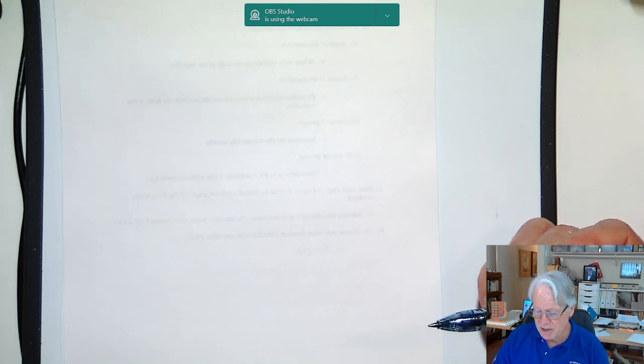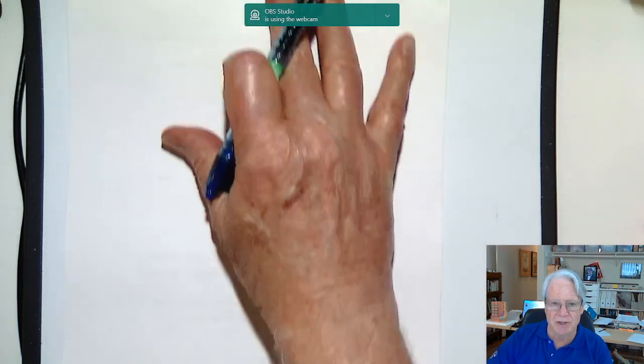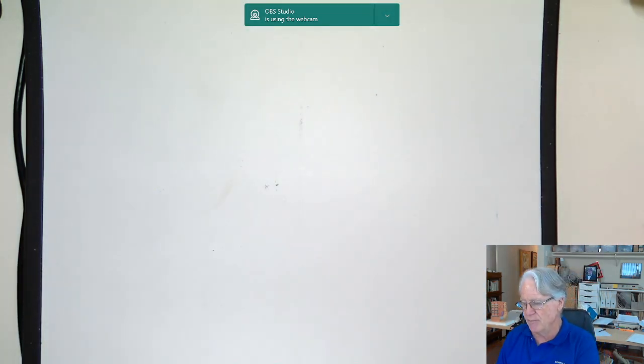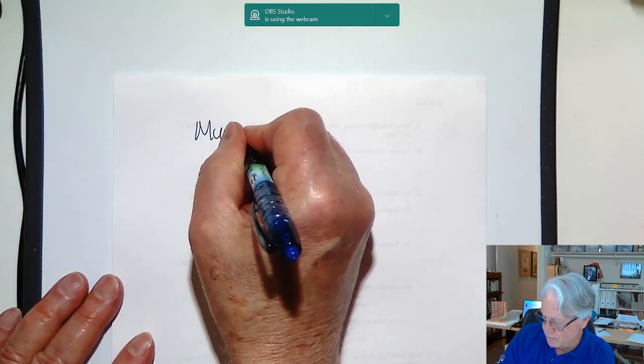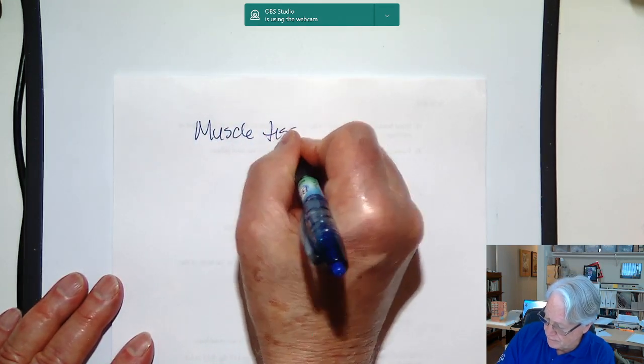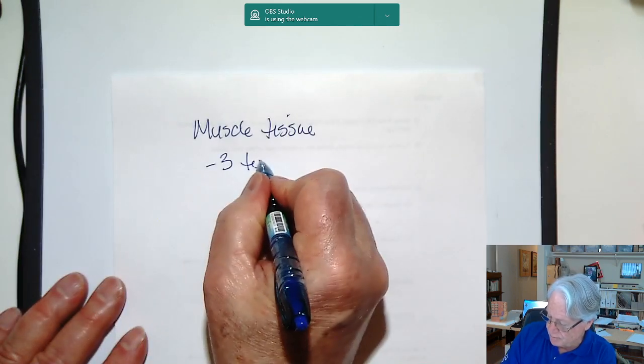So that finishes up connective tissue. What we have left is muscle tissue and nervous tissue, and then I want to talk about some membranes. So let's begin with muscle tissue. As you know, there are 3 types.